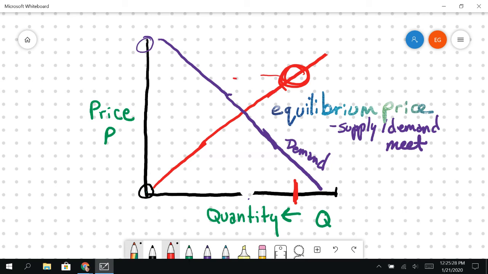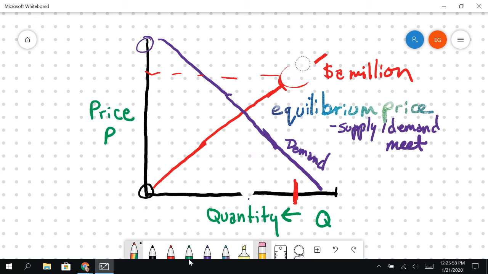But because this is high up on the y-axis with price, that means there are so many iPhones in quantity, but they're very expensive. Let's pretend it's like $1 million. No one would buy an iPhone for $1 million when there's like 100 million on the market. That just doesn't make sense. So people would go to other places.